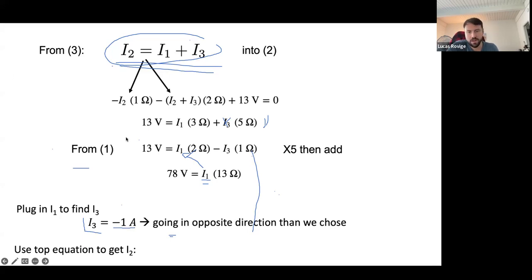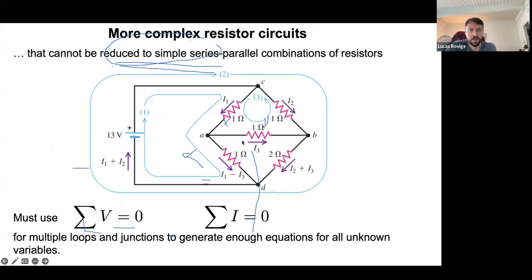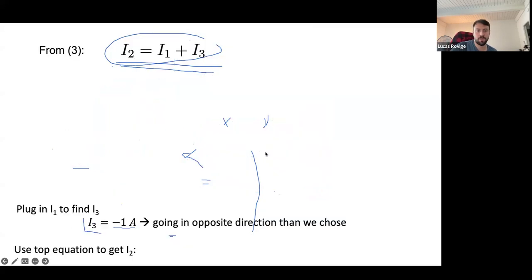That's weird, but actually, if we come back to this circuit, we oriented I1, I3 in that direction because we needed to orient it one way. It just seems like we picked the wrong direction, but that's all right. We oriented it that way and we obtained a negative current, and so it means that it is just oriented in the other direction. And that's fine. If we orient it that way with negative current, that's the same thing.